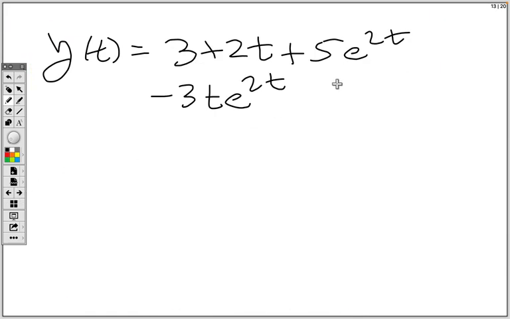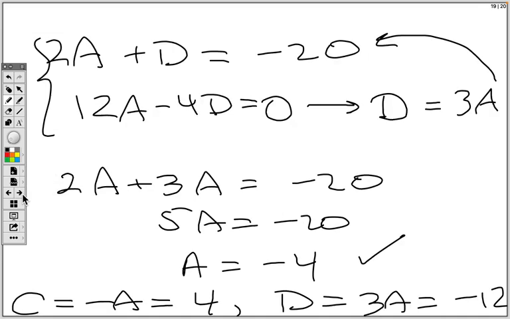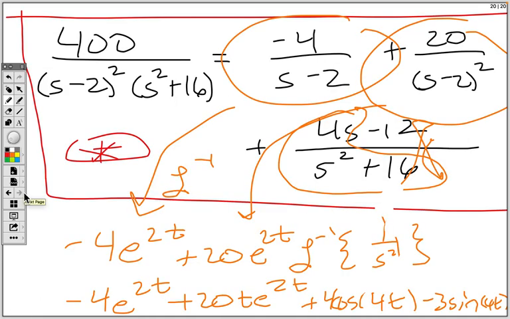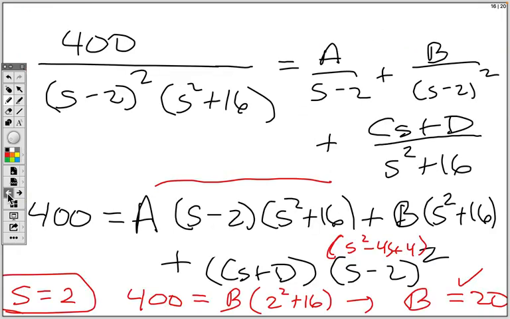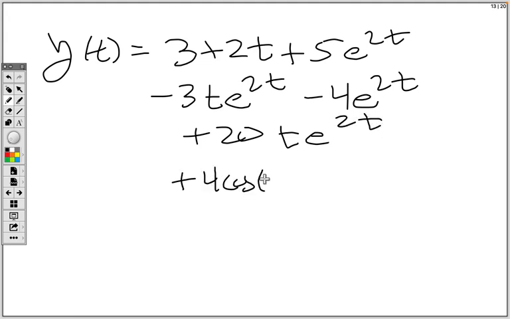So minus 4e to the 2t, plus 20t e to the 2t plus 4 cosine 4t minus 3 sine 4t.